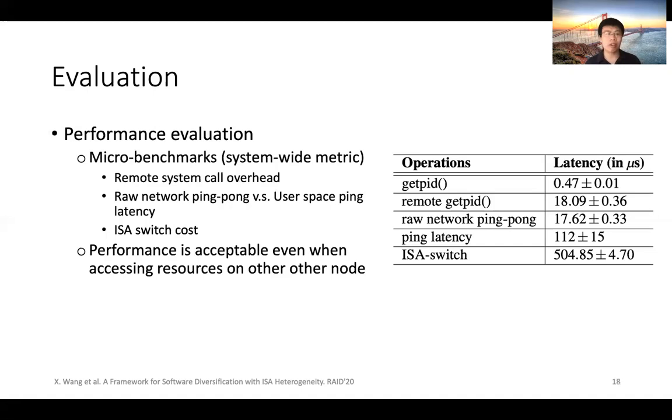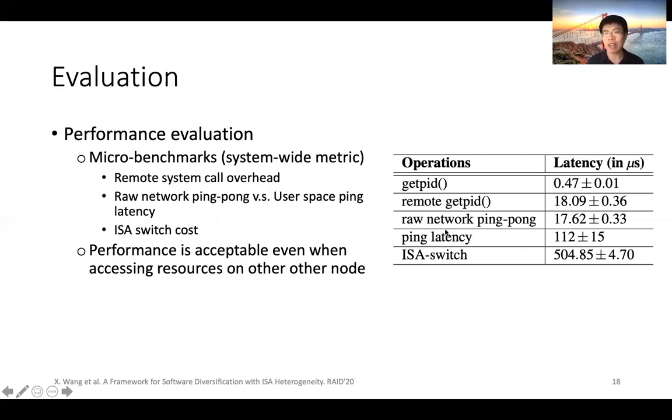Next, we'll talk about the performance evaluation. We use a micro benchmark to measure the system-wide metrics. For example, we measure the raw network ping-pong, which takes only 17 milliseconds, and is much faster than the ping latency.